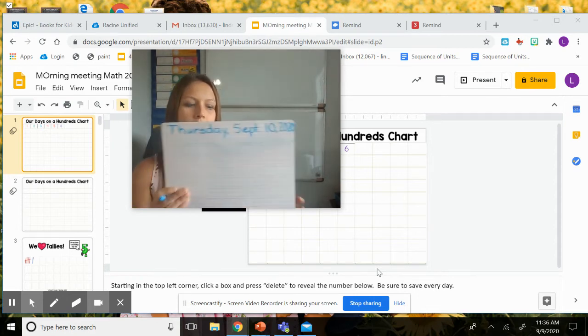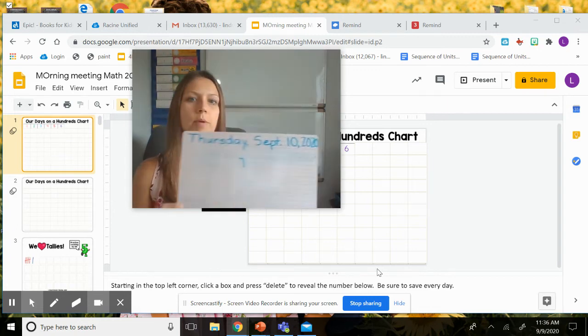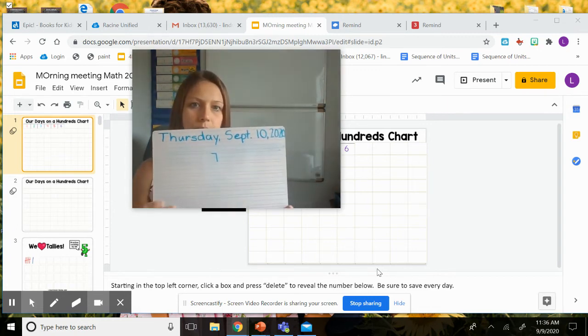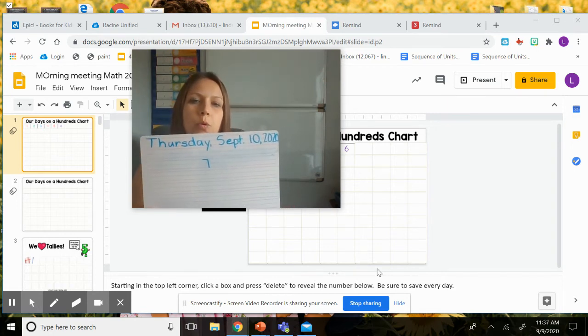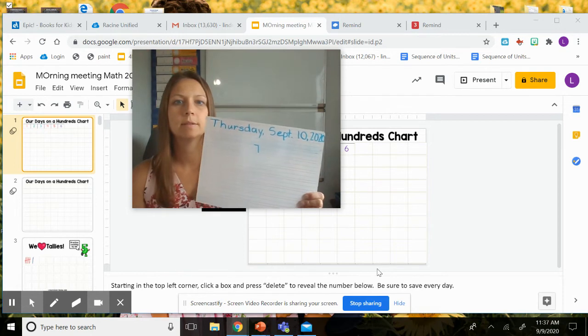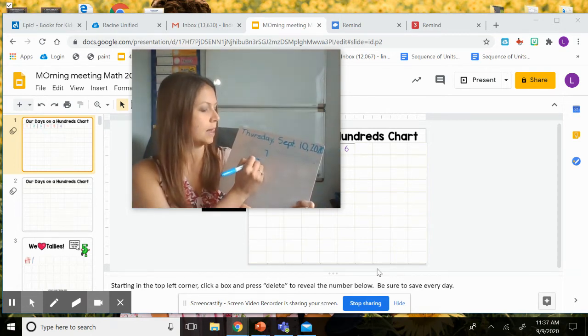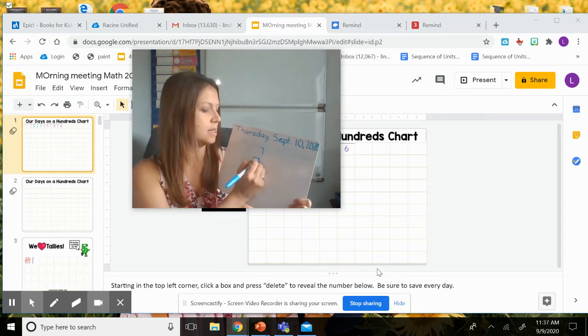And we are going to be on number 7. So underneath that, can you write the number 7? So we are on number 7. Who remembers, what does the word seven start with? Yes, you're right, an S. There's that E again.